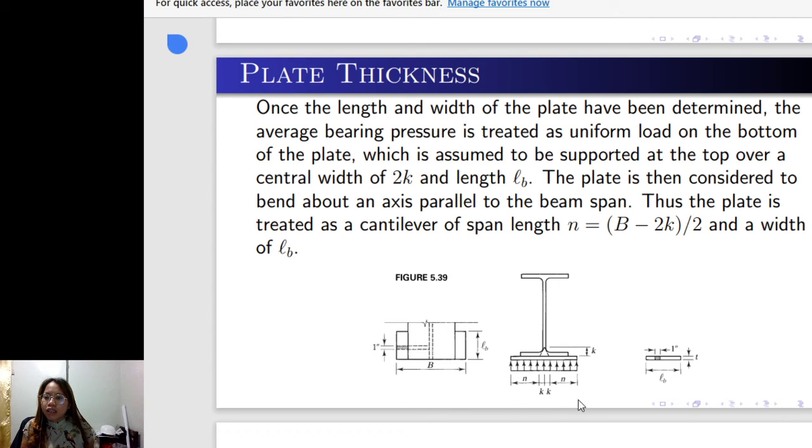which is equal to B minus 2K, divided by 2, and with L sub B. So this is actually B, the whole length, the base of the bearing plate, and the length into the paper is L sub B, the bearing length.